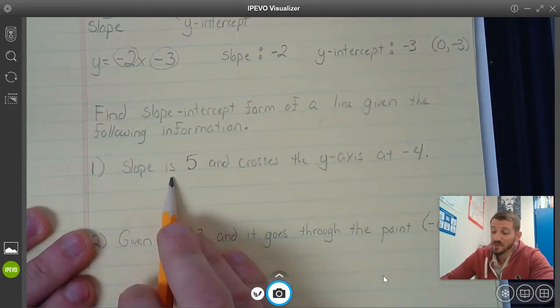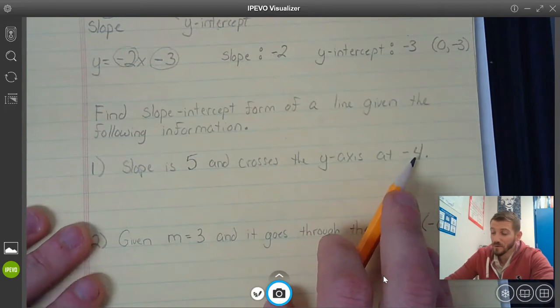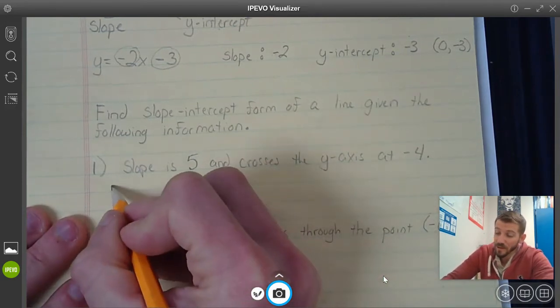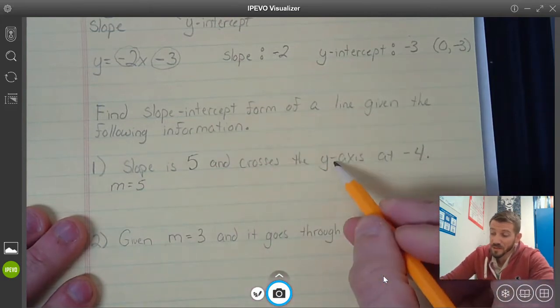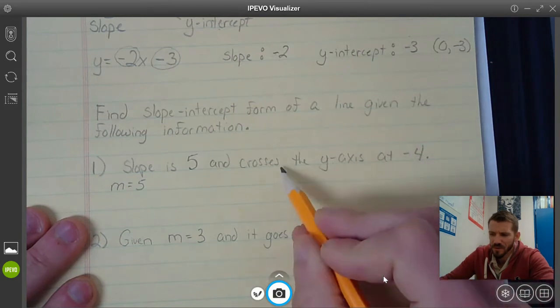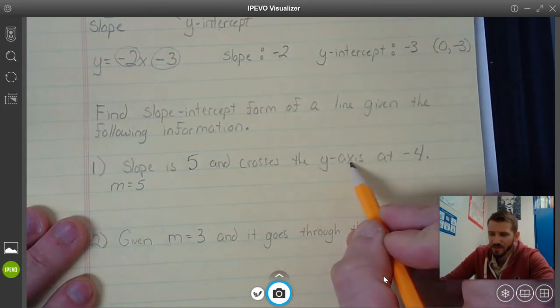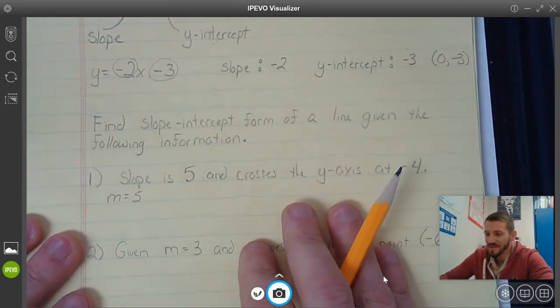If they give you a slope and they tell you it crosses the y-axis at negative 4, well, you already know that m is 5, and you already know that it crosses the y-axis at negative 4. Well, what is something that crosses the y-axis? That's called your y-intercept. It's just another way of saying it.